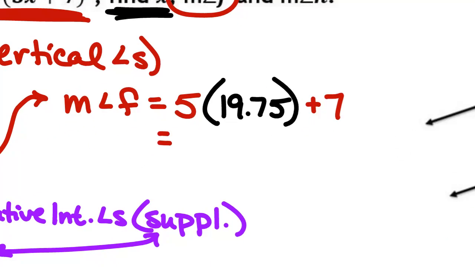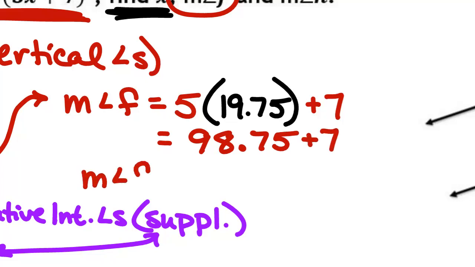What is 5 times 19.75? 98.75 plus 7? What is 98.75 plus 7?